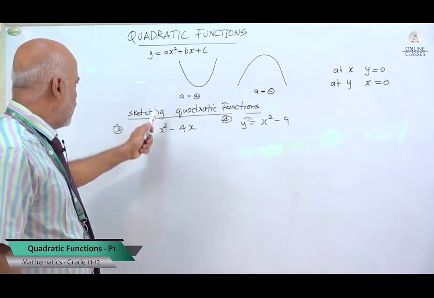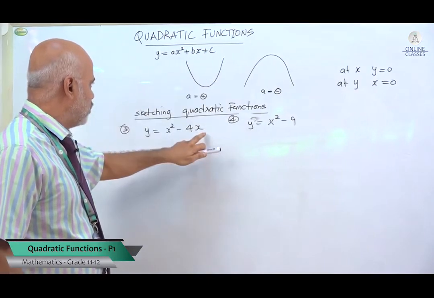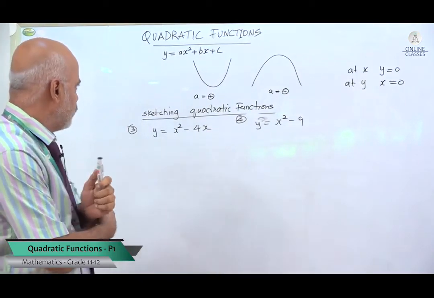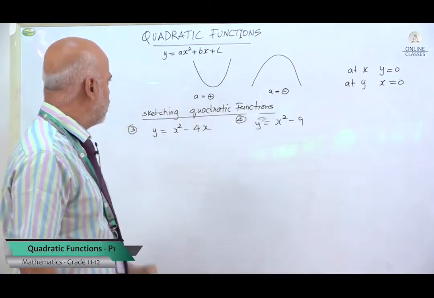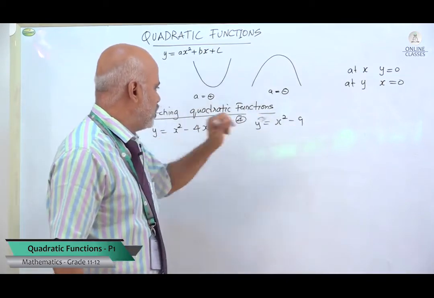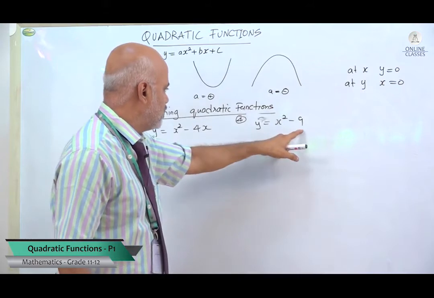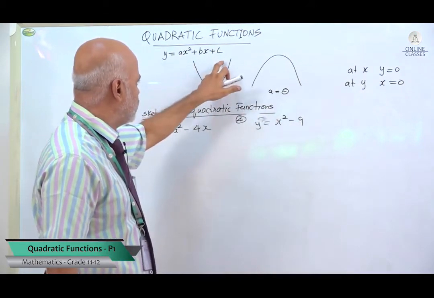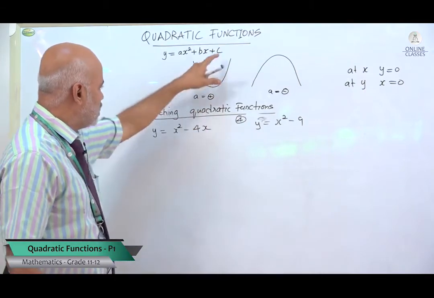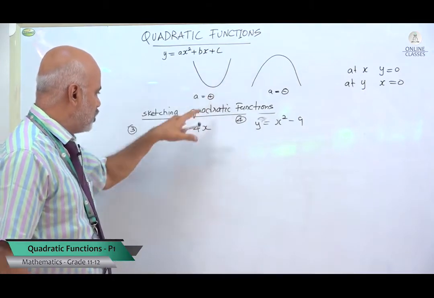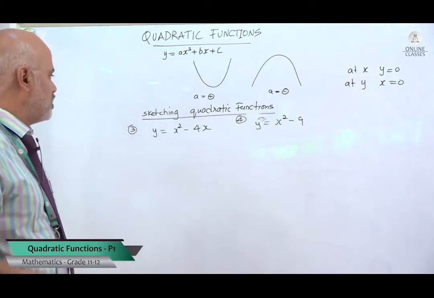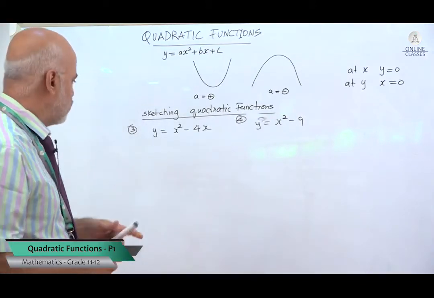Here you could compare, you see c is 0 in this case. But in this case, ax square is there, b is 0, and you have a c here. Compared to the main ax square plus bx plus c, here c is not there, here c is there. But still, if your algebra skills are strong, you can easily do these questions.